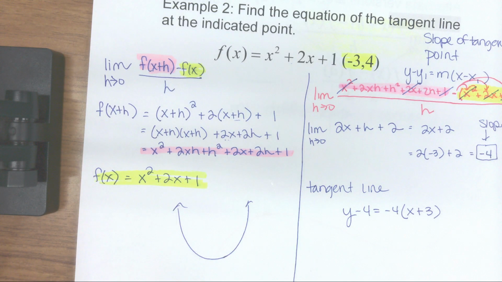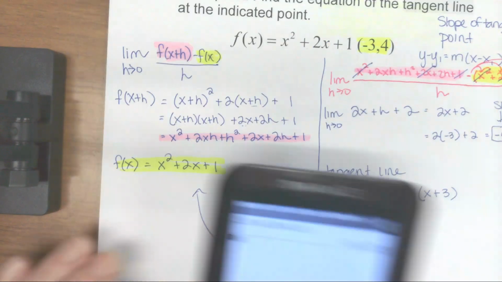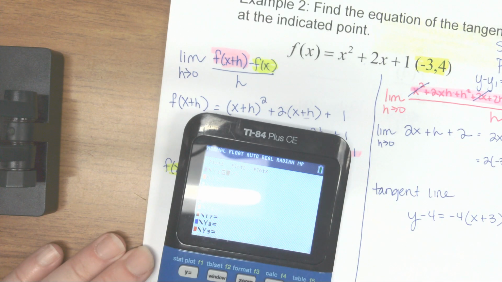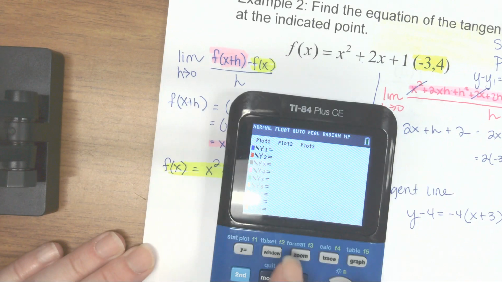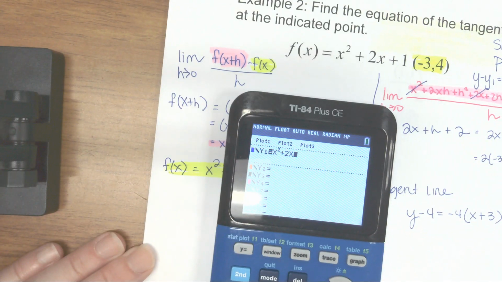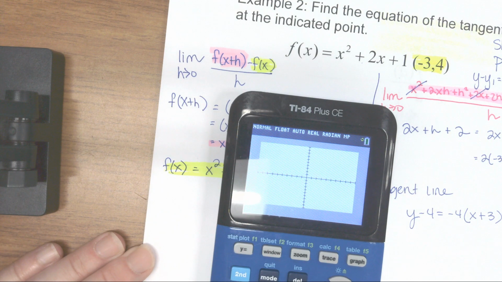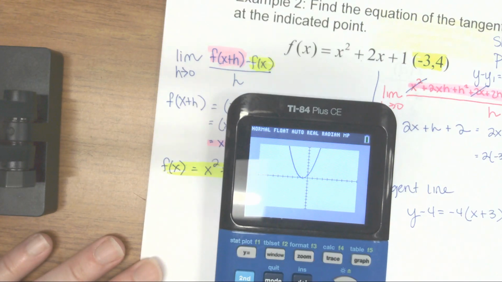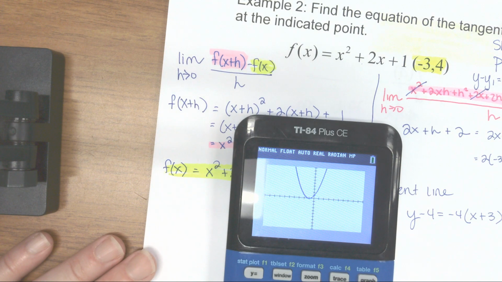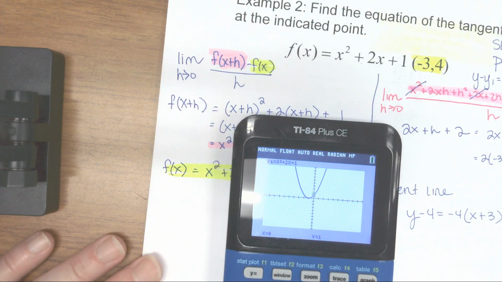I'm going to graph this and I'm going to show you what you just found. I'm going to put in x squared plus 2x plus 1. Okay. That's the parabola. I'm going to go ahead and get to the point -3.